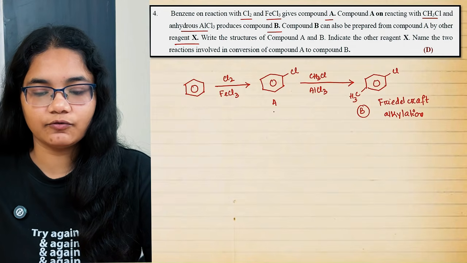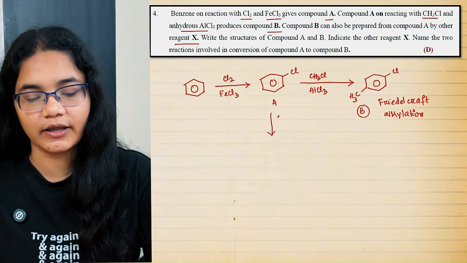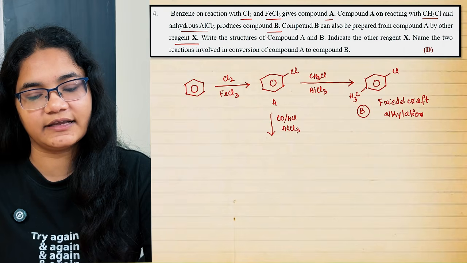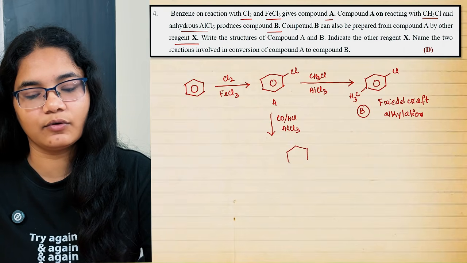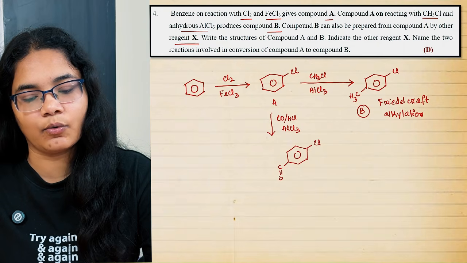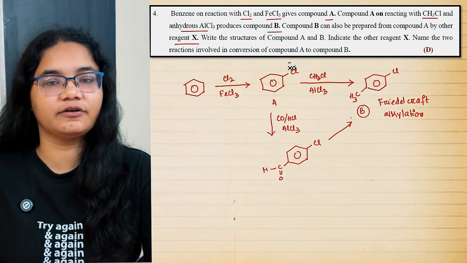So the first way we can do is we can use the Gattermann-Koch reaction. Okay, so you can take CO, HCl with anhydrous AlCl3. So that will give you benzaldehyde with Cl added here, and you have CHO. Okay, after that you then do Clemmensen reduction of this one.